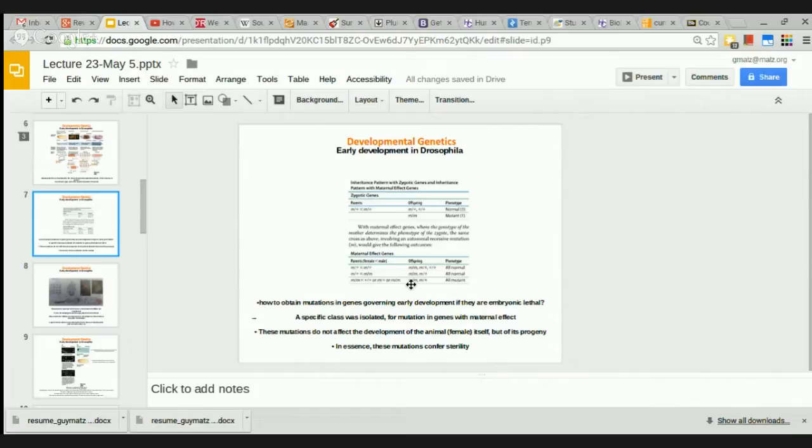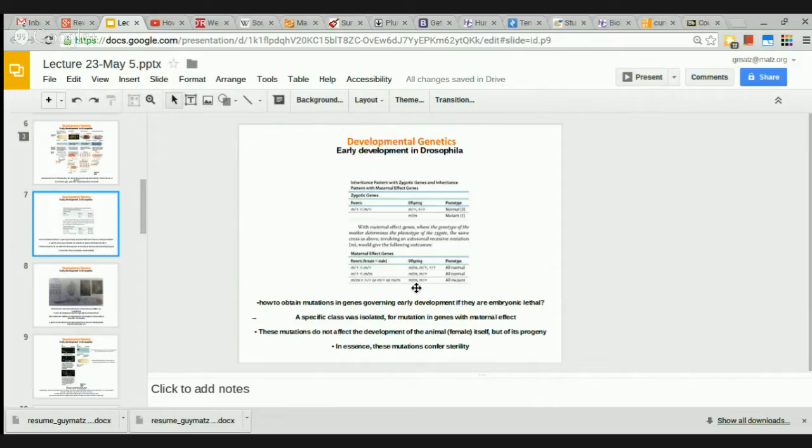And that female is the product of a cross between two heterozygous parents, one heterozygous female and one heterozygous male. Alternatively, and that's the other way, because otherwise you cannot generate an adult female that could lay eggs.